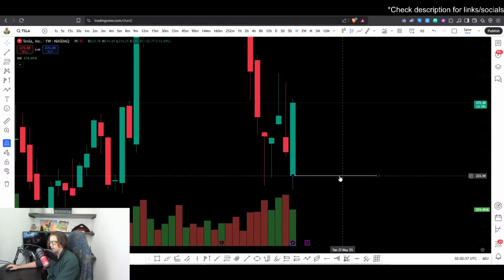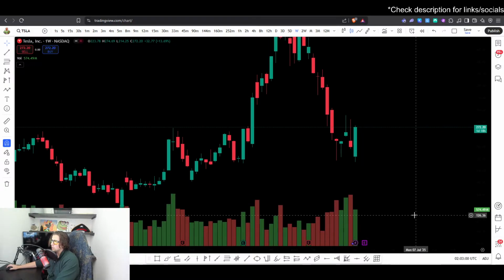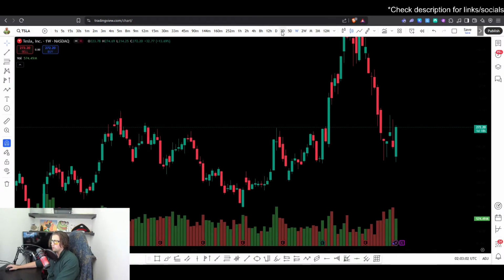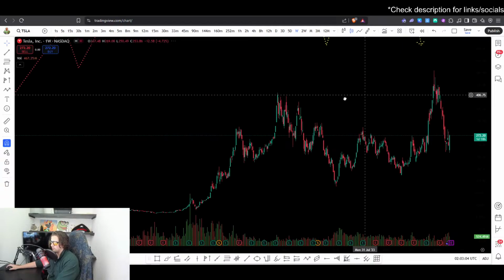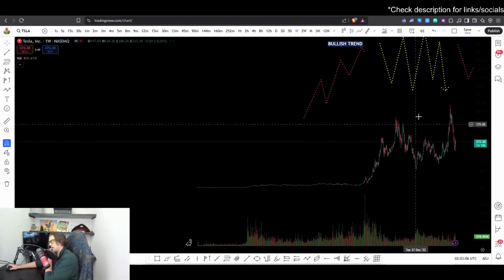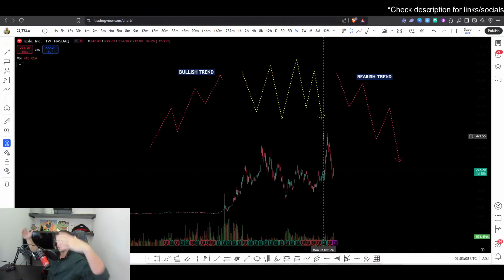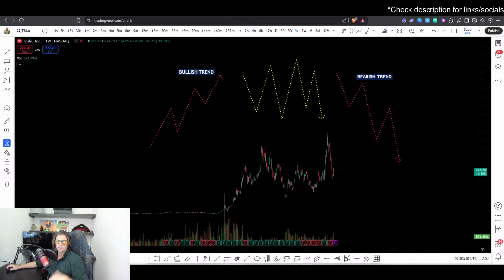So we discussed that. Then we discussed really the 3 types of environments that markets can be in. And this is all under the philosophy of market structure.